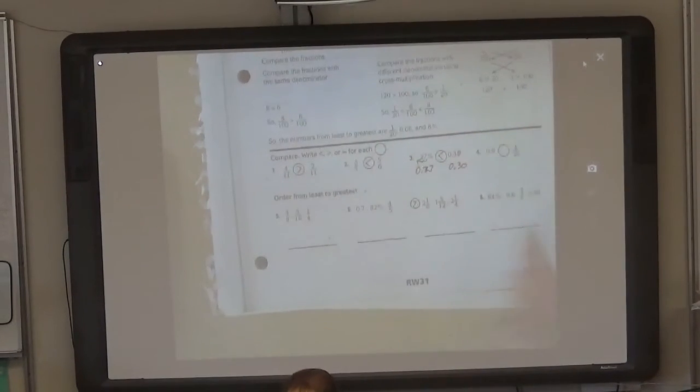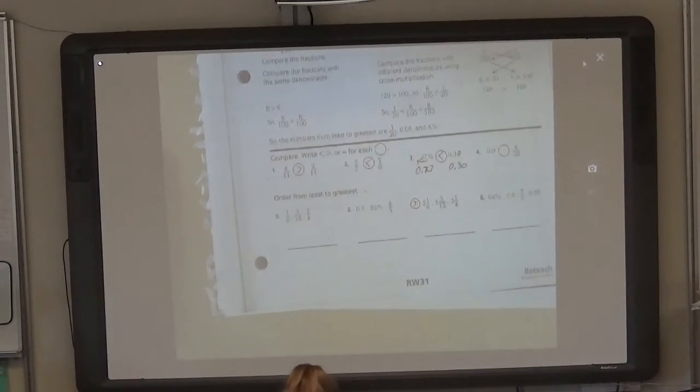How about number 7? What can we compare first in a mixed number? What can you compare first in a mixed number? Katie? Well, you could, but which one is going to be lowest? And how do you know? Just by looking at the numbers.